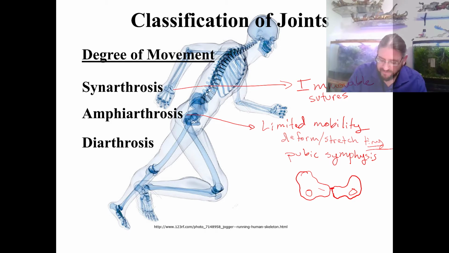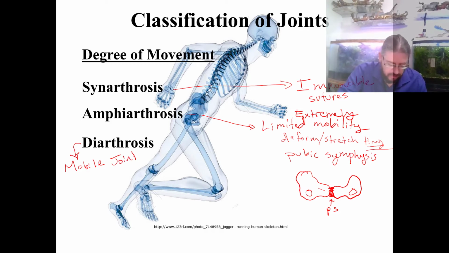And then the fibrocartilage between there, that's your pubic symphysis. And it can move ever so slightly. So we have immovable, limited mobility, extremely limited mobility. Then lastly, we have the diarthrosis, which you might have figured out at this point is mobile joints.